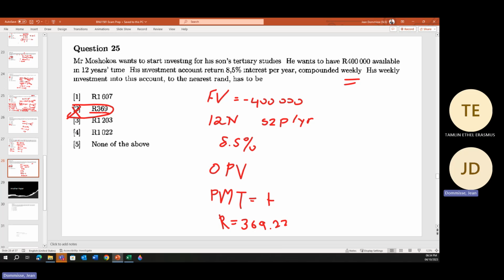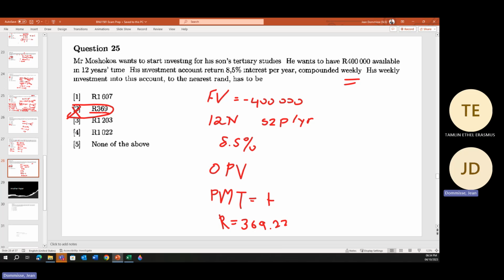If we did not say 52 times per year, but 12 times per year as we would normally do, our answer would have been, let me just check, PMT. Guys, we don't get that. It says 153. That doesn't make sense.